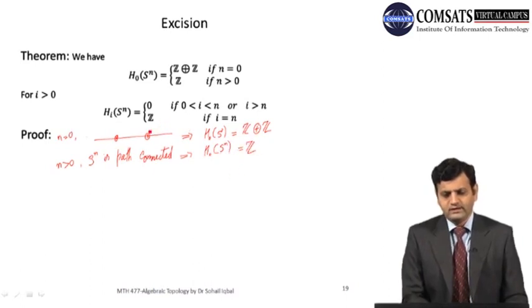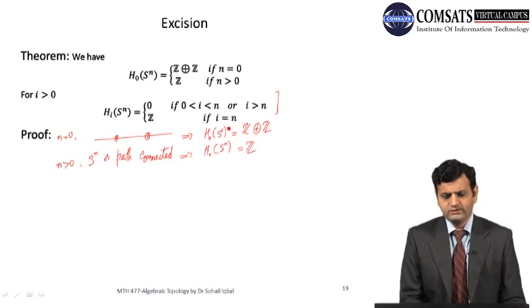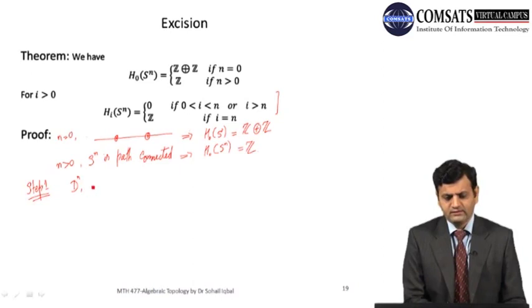Now let's see how to show these homologies. To show these homologies, we have 3 steps to calculate. In the first step, we consider Dn and An. Dn is the disk, and An is basically an annulus inside Dn.